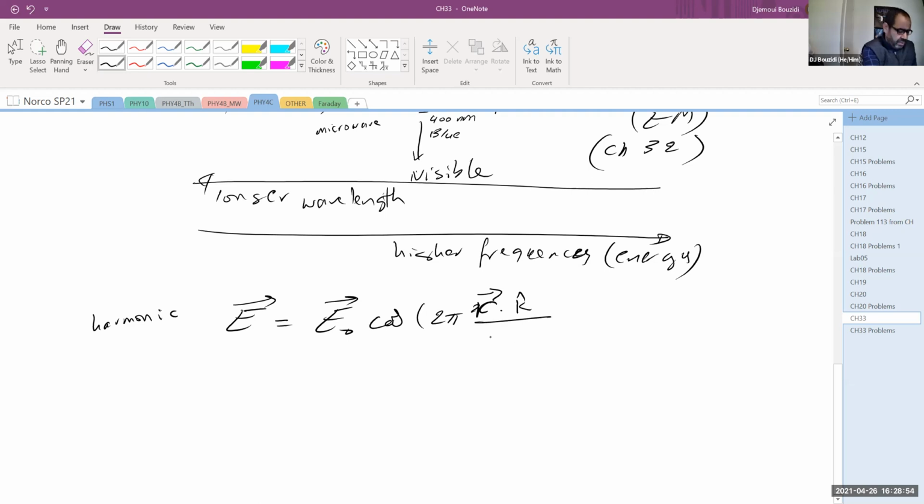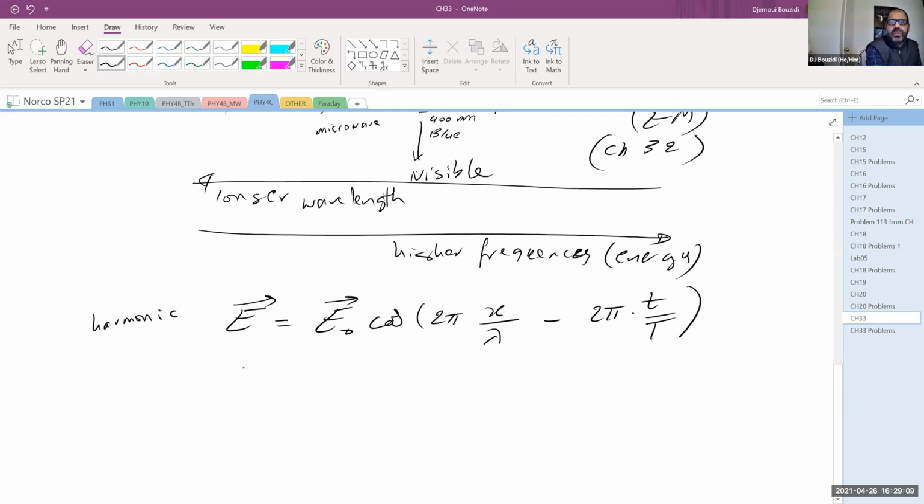Let me take it in the polarized sense, moving in a specific direction. Let's say, for example, the x direction: cosine of 2 pi x over lambda minus 2 pi t over period T, okay?